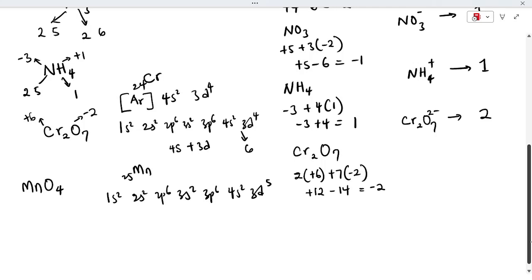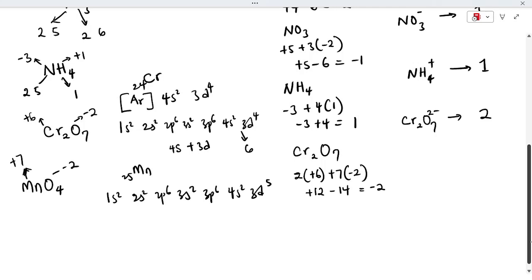Now, what is the valence electron? Remember, it is the 4s electrons added to the 3d electrons. So 2 plus 5 means that it is equal to 7. And because it's a metal, it will most likely donate to the non-metal. That means plus 7, and oxygen, as usual, is minus 2.